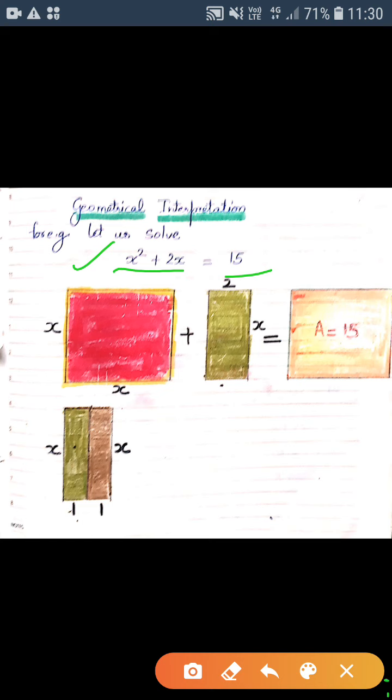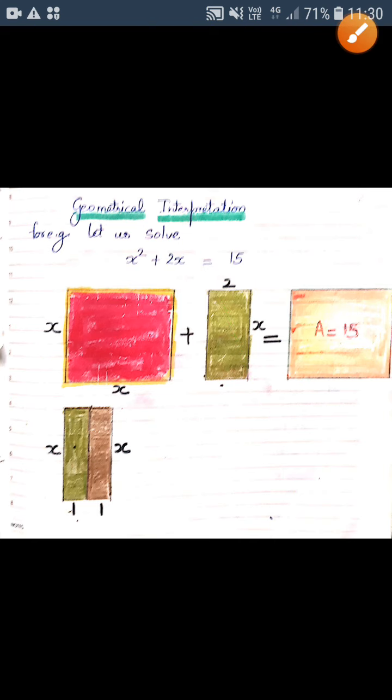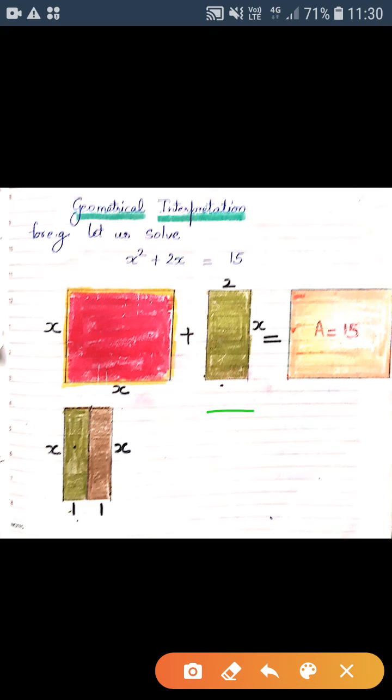Now x square is represented by the area of a square of side x units, and 2x is represented by a rectangle of length x and breadth 2 units, and it is equal to a geometrical shape having area 15 square units.